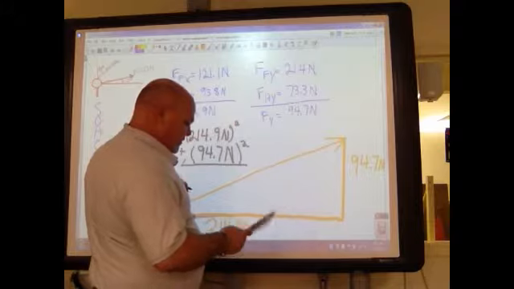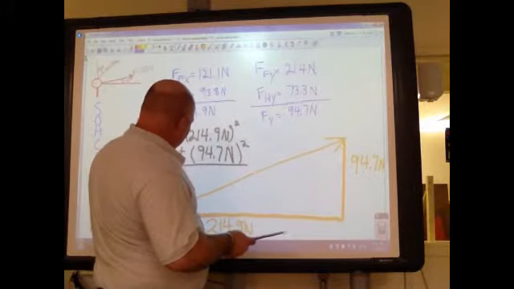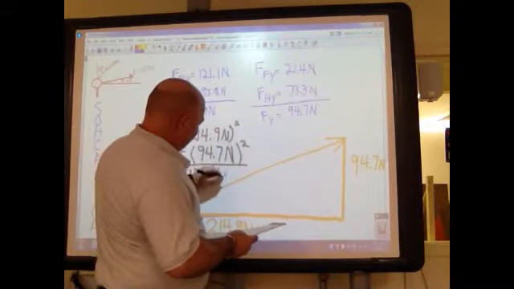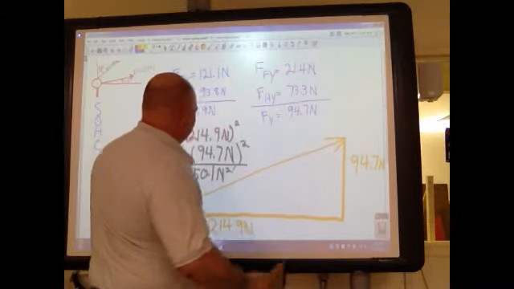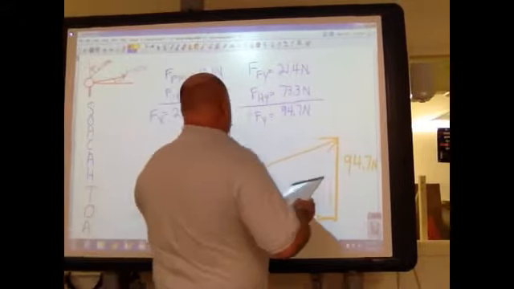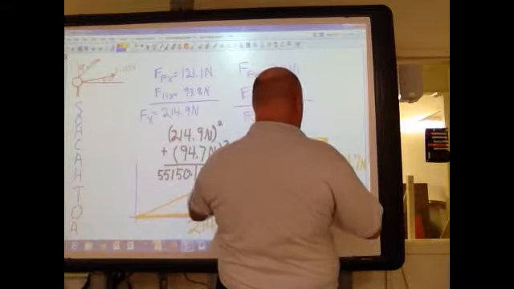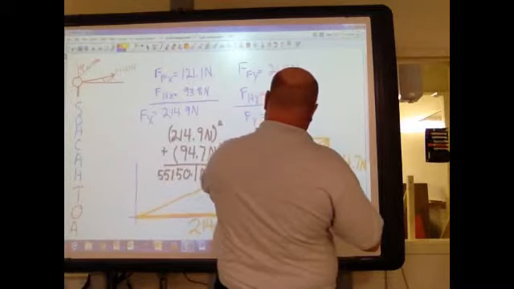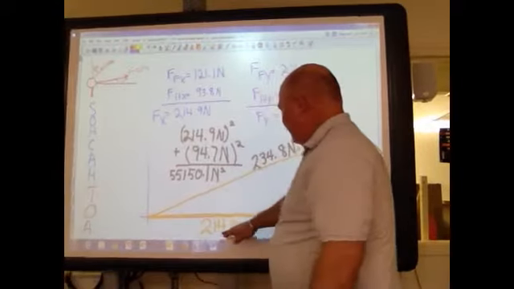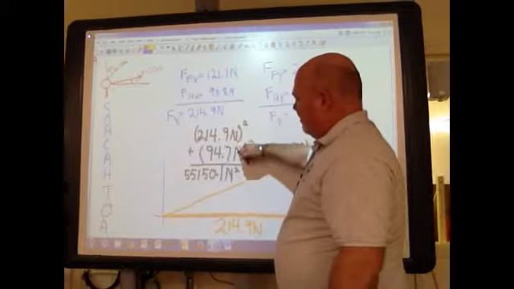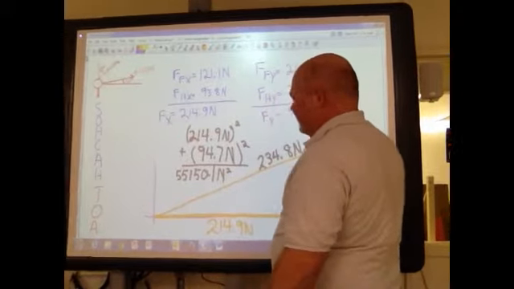That gives us 55,150.1 newtons squared. We take the square root of that and we get 234.8 newtons. Remember, a squared plus b squared equals c squared. To find this, I just take the square root.